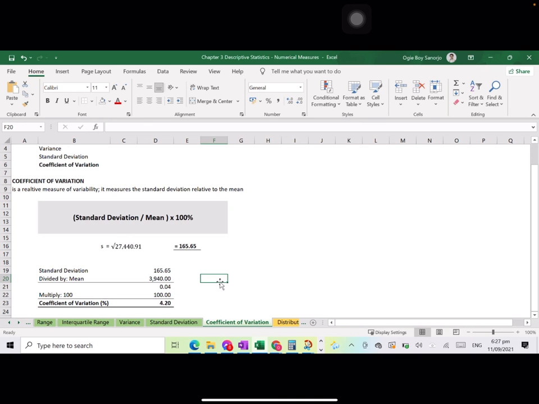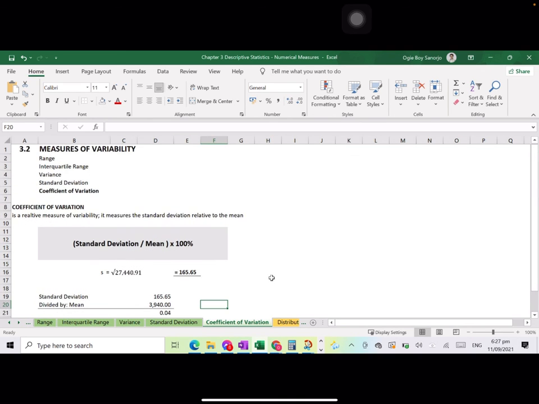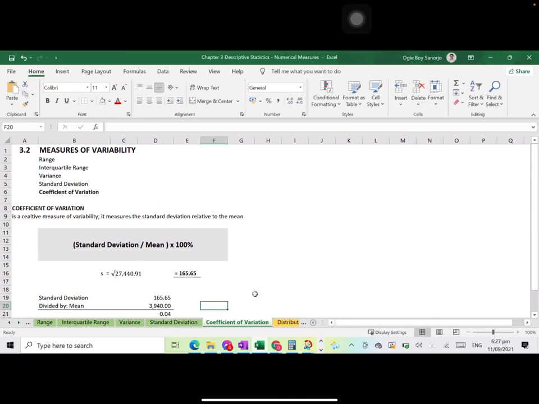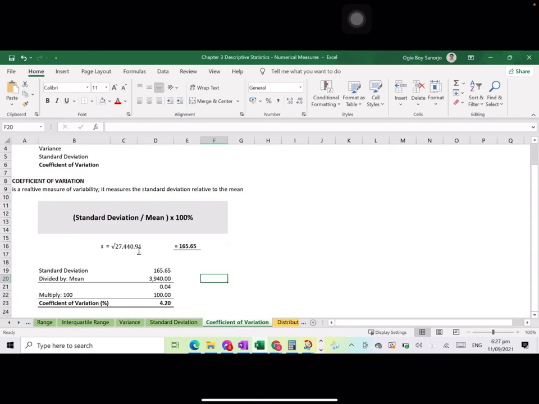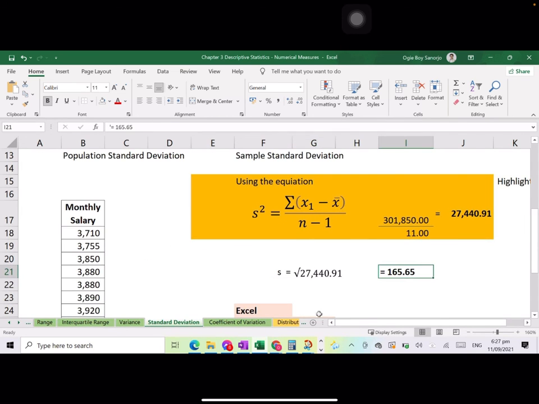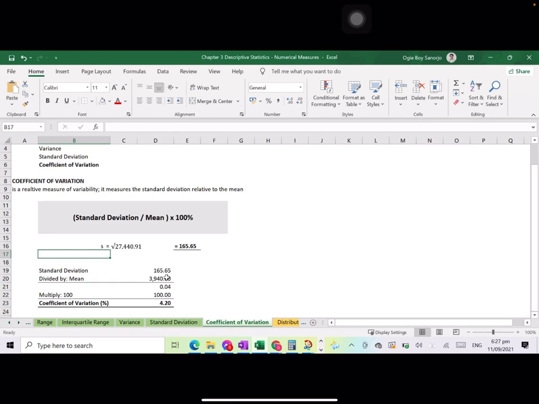So, by using our illustration on our previous topics, the 12 salaries of college graduates, we have na yung standard deviation na 165.65 dito. So, divide nyo lang yan doon sa ating mean, which is 3,940. So, i-divide lang natin siya. Then, makukuha natin yung 0.04.